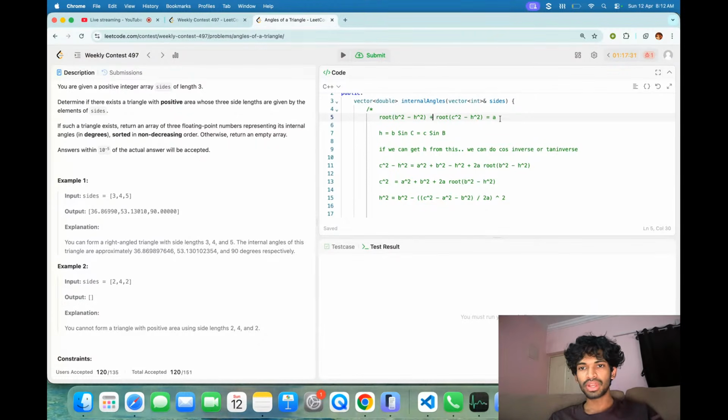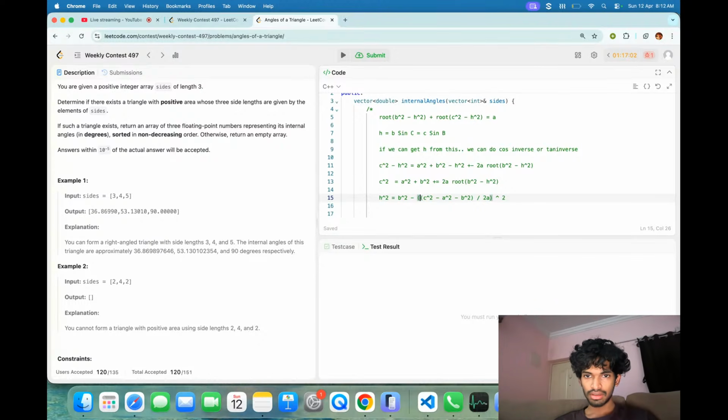Then what happens is you get plus or minus here when you move that side, and when you square it, you get plus or minus here. And if you're having plus or minus here, it doesn't matter.